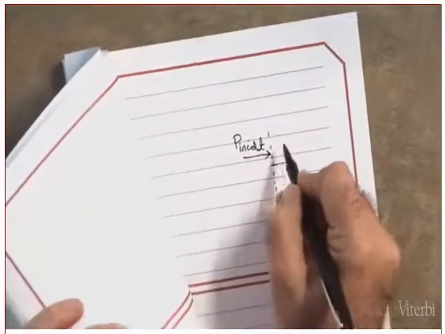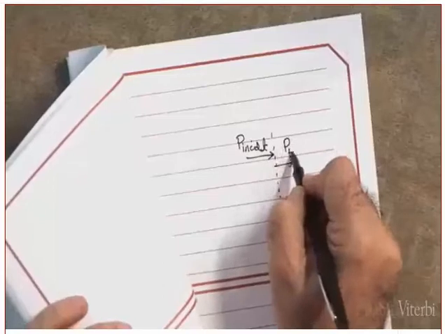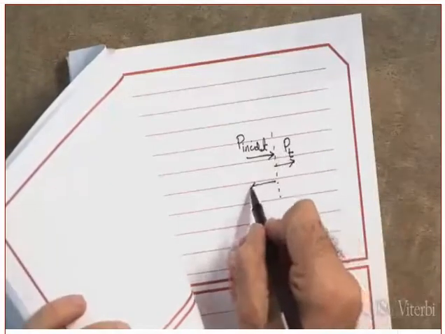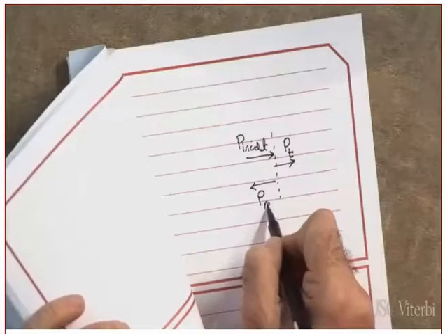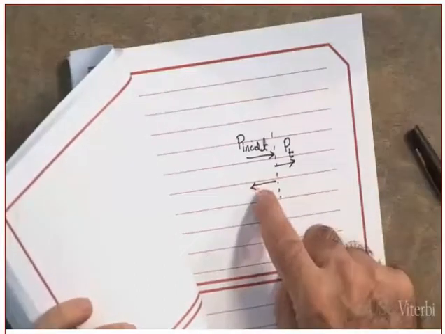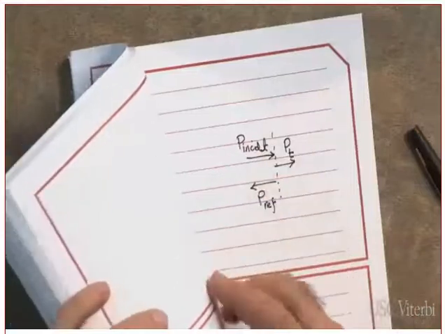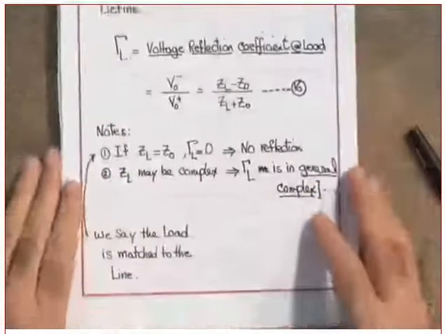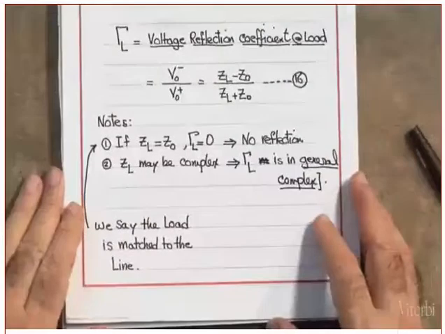This is PT, the power transmitted. This is the reflected power. So if there is no reflection, this one will be the same as this one. Clear? Okay.